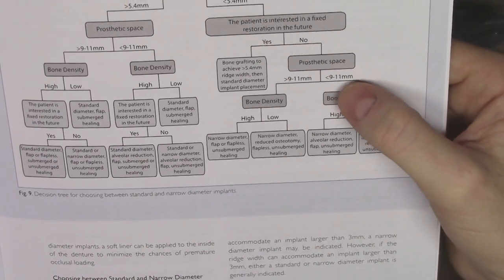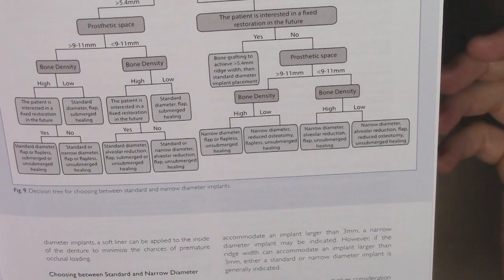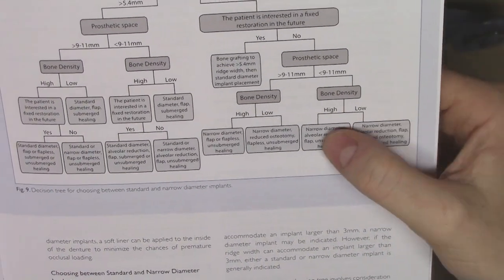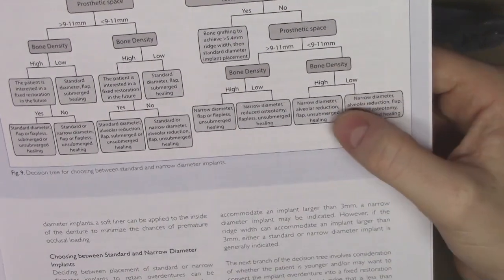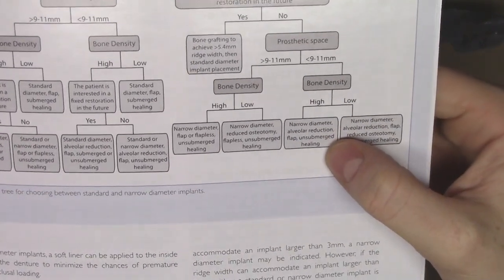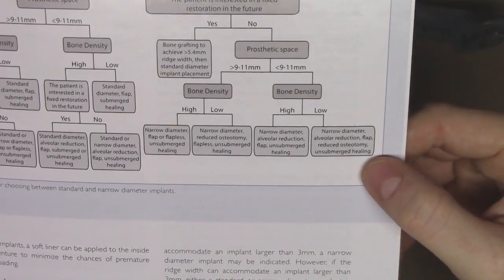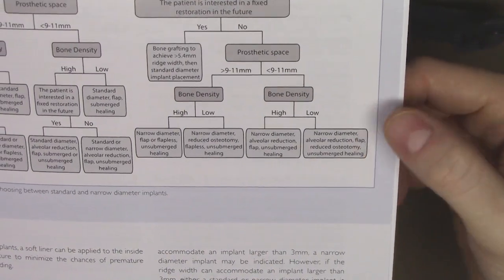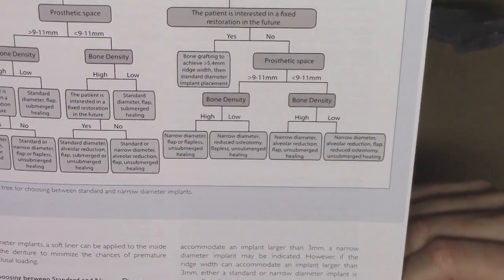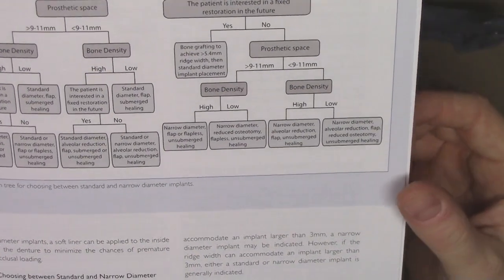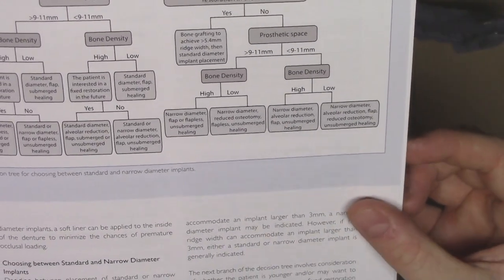When we know that we don't have enough prosthetic space, typically we do need alveolar reduction, and if the bone density is high, we can place the implants with unsubmerged healing. But when the bone density is low, we're going to do a flap, reduced osteotomy, and unsubmerged healing, which is still a requirement of the one-piece LODI or the two-piece one-stage LODI implant.